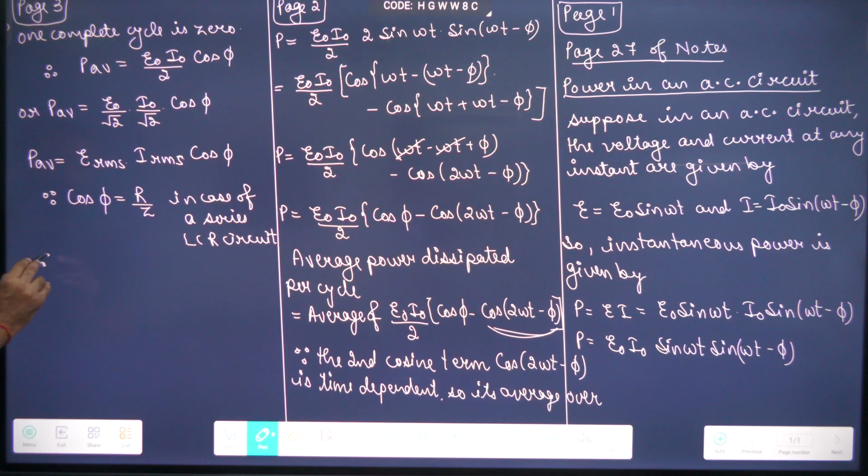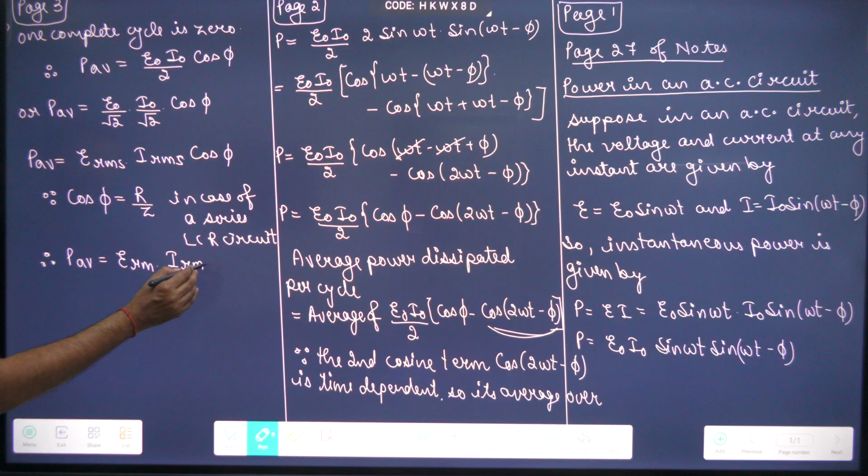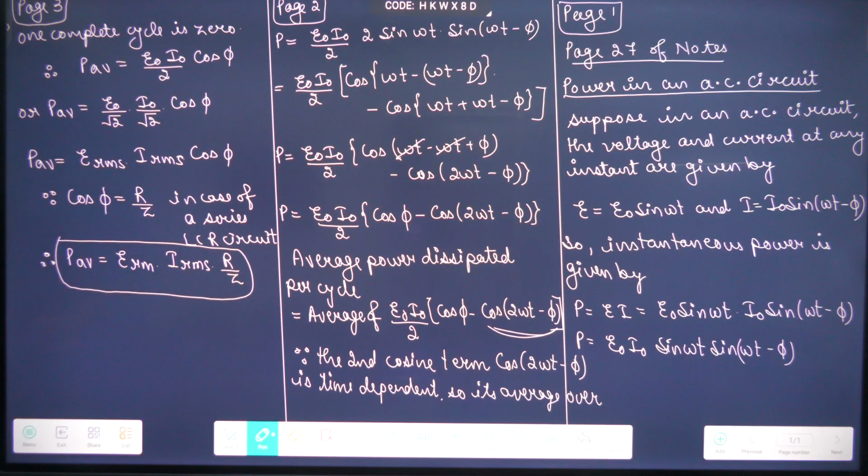Therefore, P average is equal to ERMS, IRMS into R upon Z.